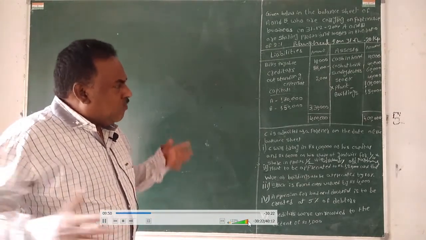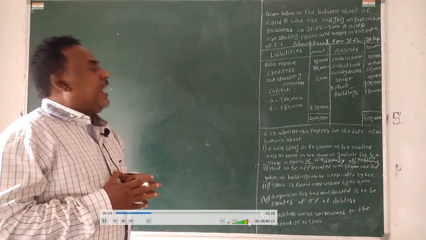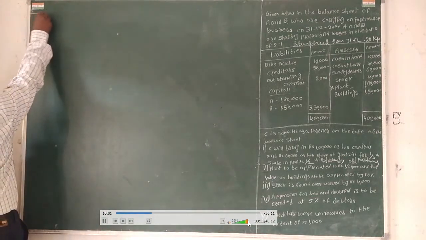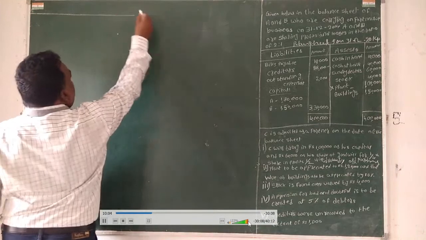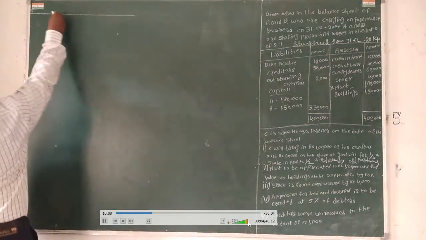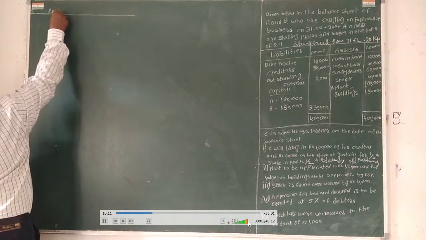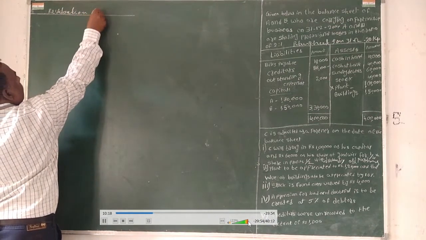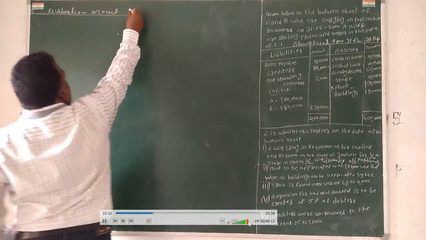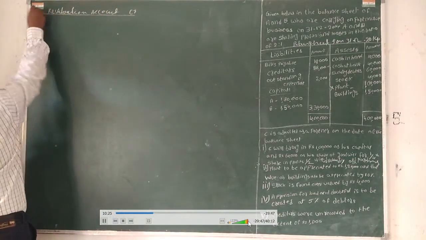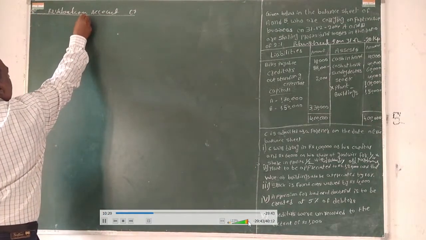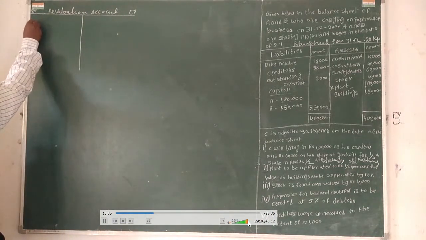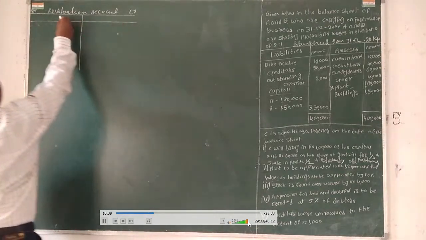The debit side has particulars and amount, and similarly the credit side also has particulars and amount.